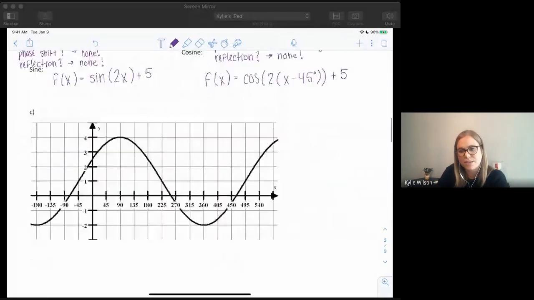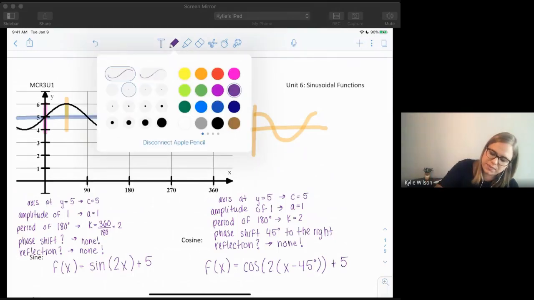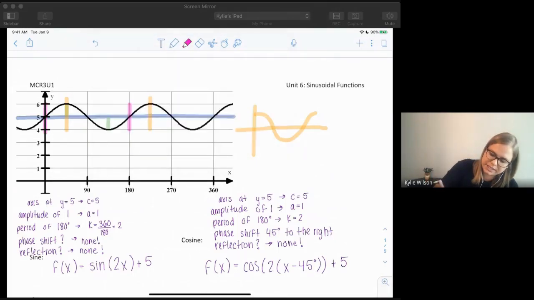How do we know that the period was 180 degrees? Great question. We can check the period for both the sine and the cosine. It doesn't matter. Once I find the period for one of them, it will be the same for the other one. For my sine, I start at the axis, go up to my maximum, down to the minimum, and back to the axis again.